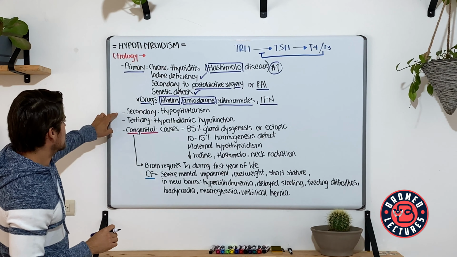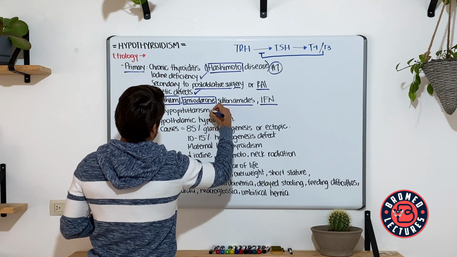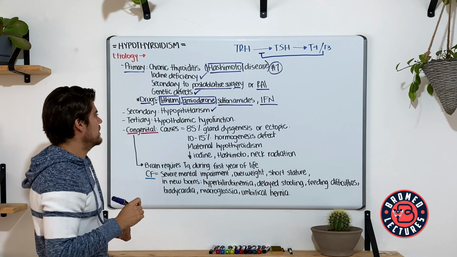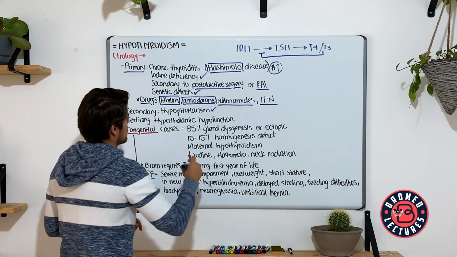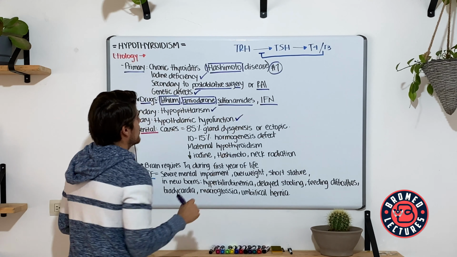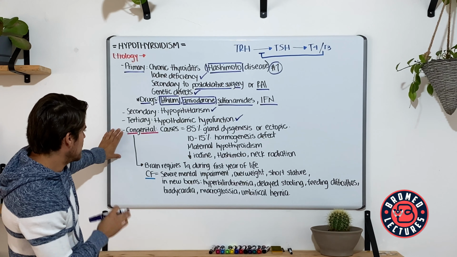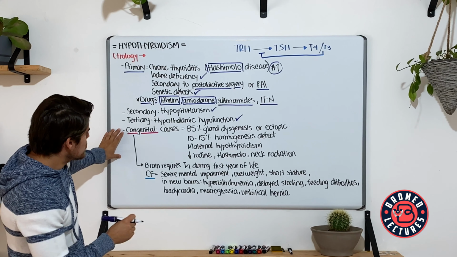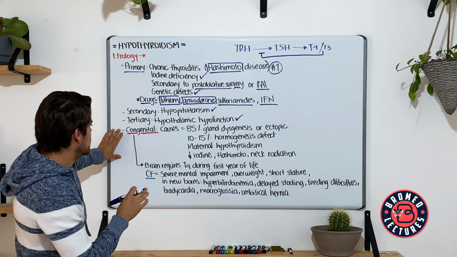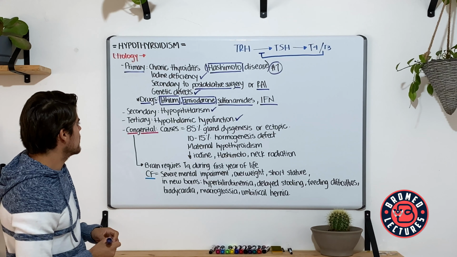Now, secondary is usually due to hypopituitarism, as we reviewed in the pan-hypopit video, and tertiary usually due to hypothalamic hypofunctioning. And now we're going to make a parenthesis in here for congenital. We're going to go in depth for this disease because it is usually tested and has some different causes and some different pathologies.